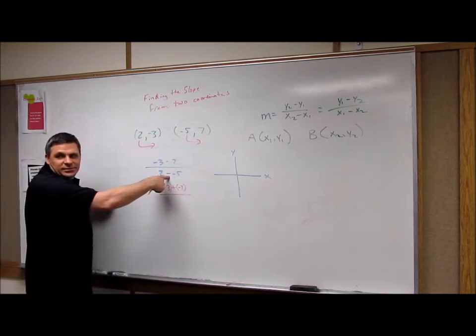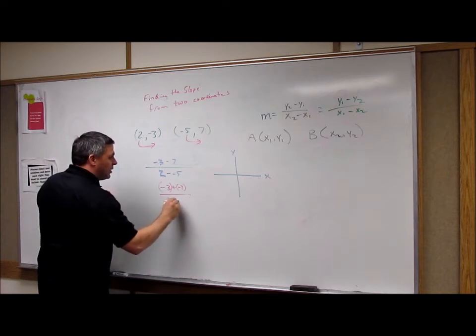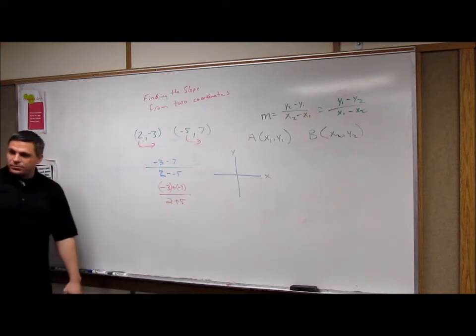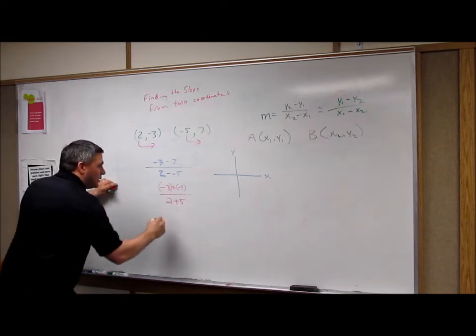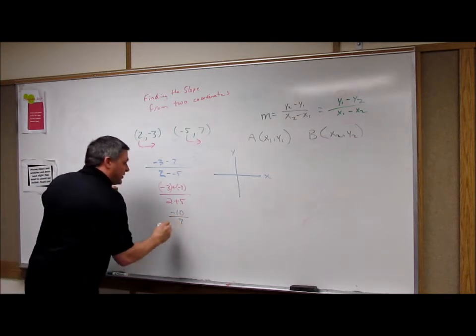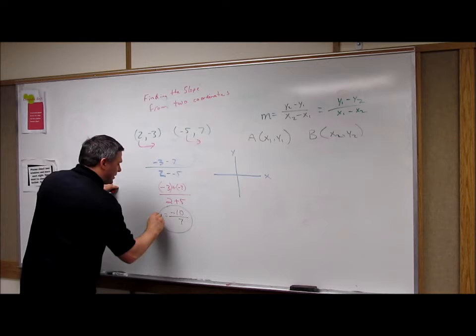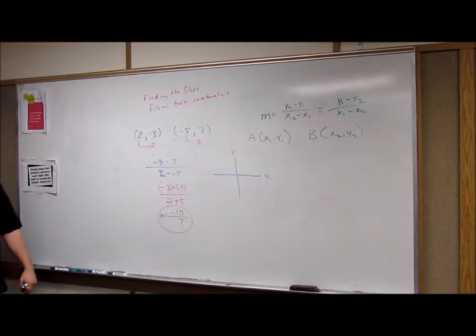And this one, 2 negatives make a positive, so 2 plus 5. And now it's really easy. Now I've got negative 10 over 7. And that's M.